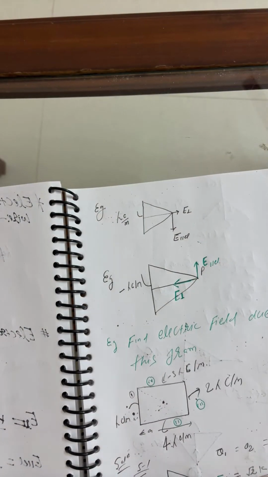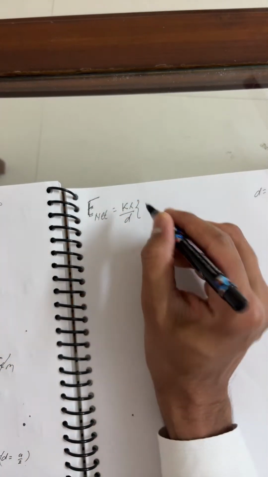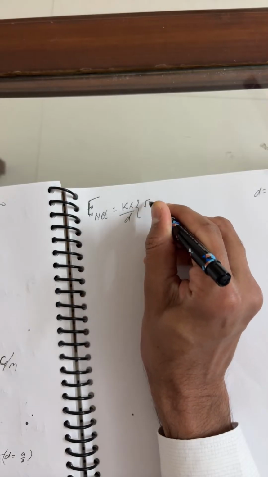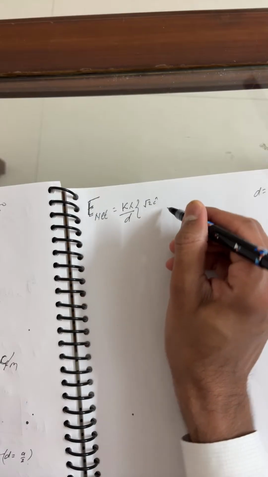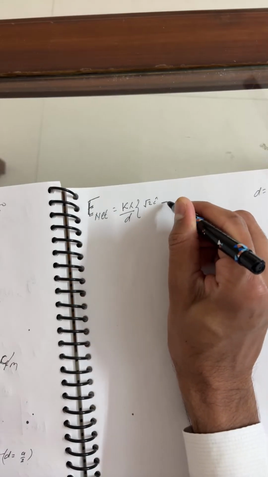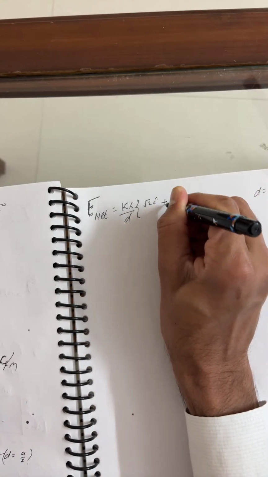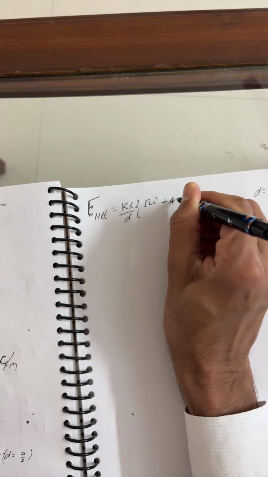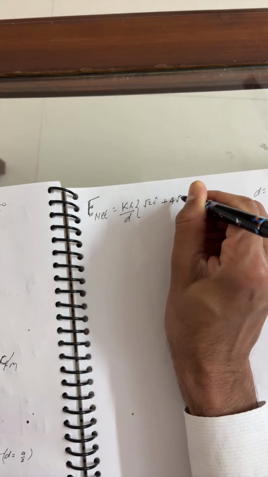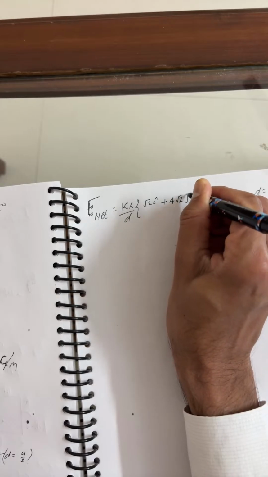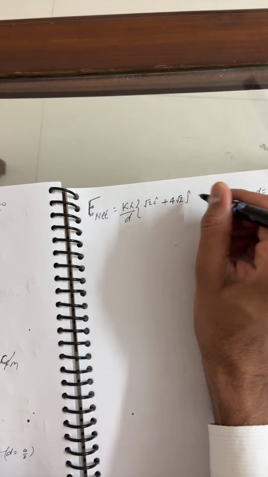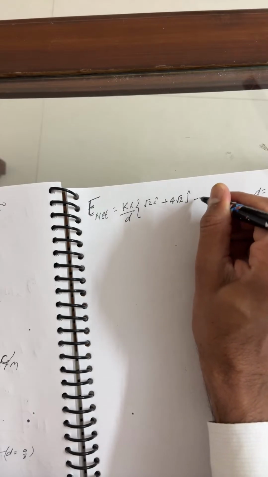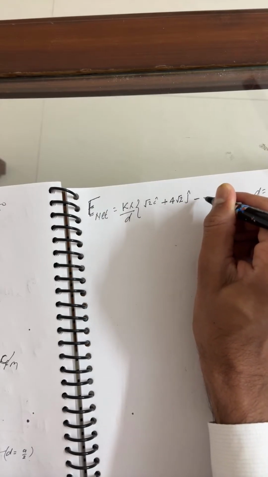First case, this is root 2, what you can say, root 2 i cap. Then here plus, already I solved the property here, plus 4 root 2 j cap. Then this one here, minus, this is 2 root 2.